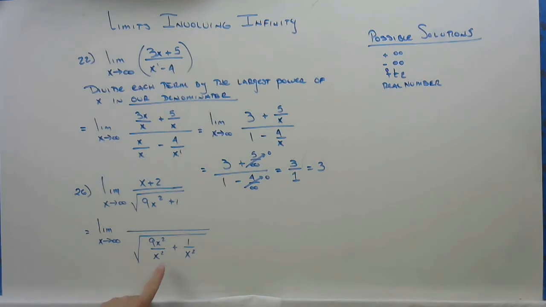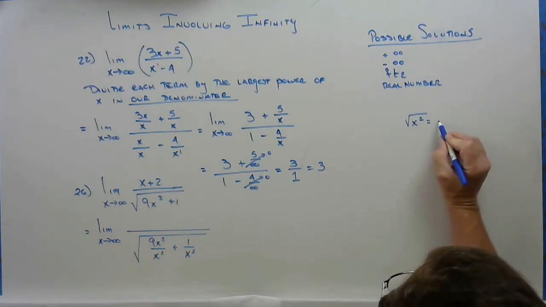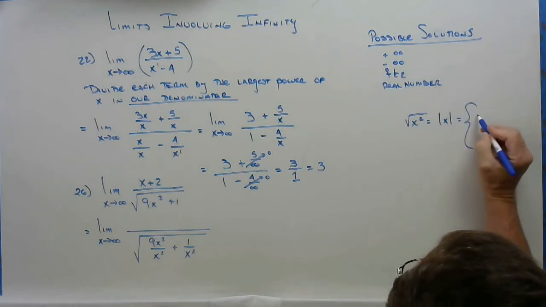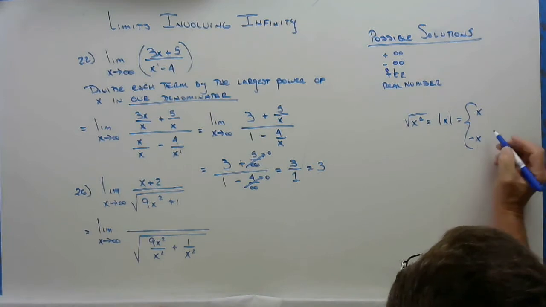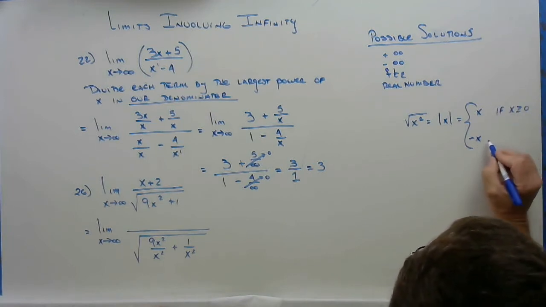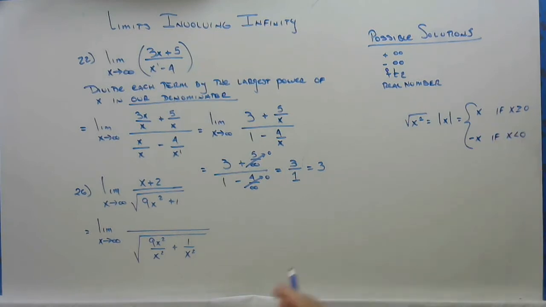Now, this is x squared under a radical. We know from algebra 2 the square root of x squared equals the absolute value of x. And we know the absolute value of x is either x or the opposite of x. It's x if x is greater than or equal to 0. It's the opposite of x if x is less than 0.